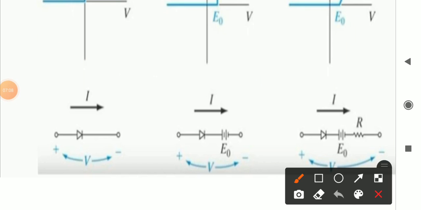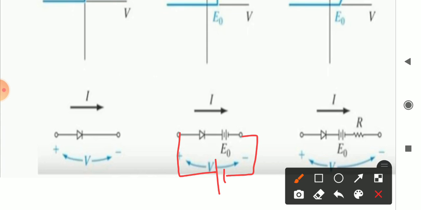How can we explain this offset voltage? For example, if we connect one voltage source, it will be in forward bias, with the anode connected to the positive terminal and the cathode connected to the negative terminal.